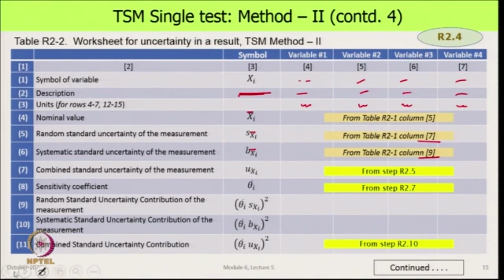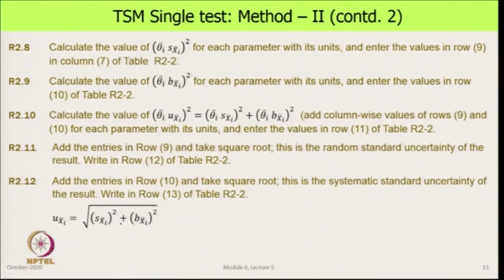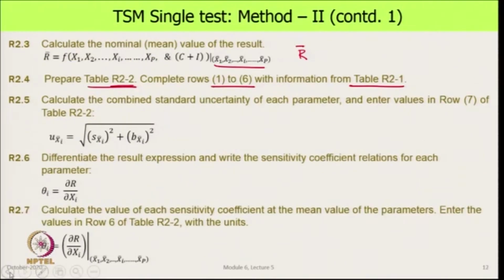Now, let us see what to do next. Calculate the combined standard uncertainty of each parameter and enter in row 7. So, now the uxi bar is equal to the square root of sxi bar square plus bxi bar square, we will write it there. Then we will do a differentiation of the result expression and write the sensitivity coefficient relations.